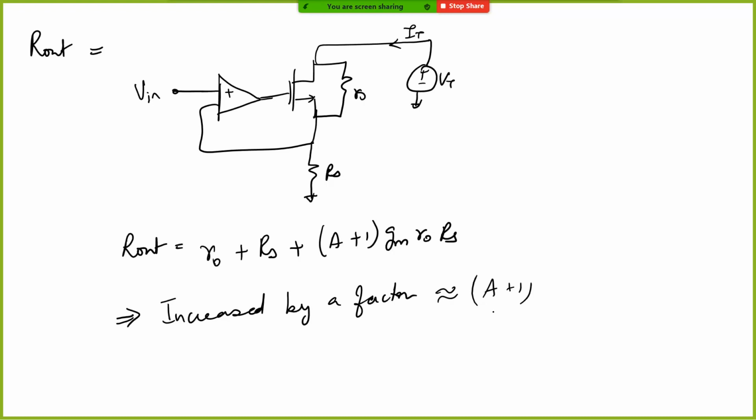Of course, R naught RS is still there, but the majority of the large value will basically come from the third term, right? Compared to the third term, the first two terms will be fairly low. So this type of architecture or design is what is called a regulated cascode.